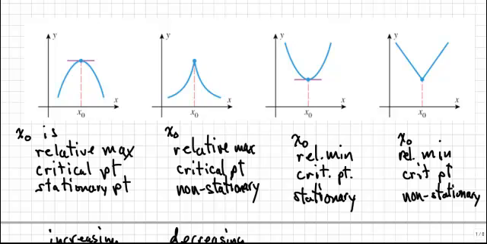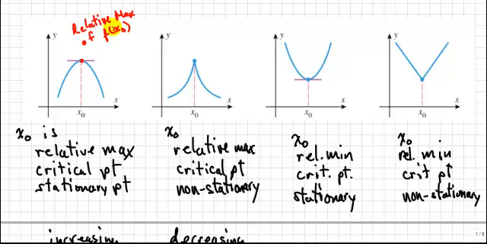And this sort of takes us back to what we were talking about in section 4.1, the increasing and decreasing. Look, here we've got a relative maximum at x sub 0. I'm going to write that out just to be clear. So we get a relative max of f of x naught. So the maximum is always the value of the function.